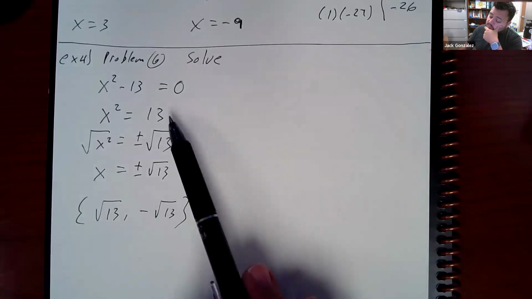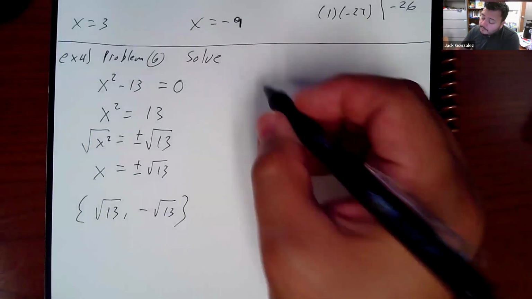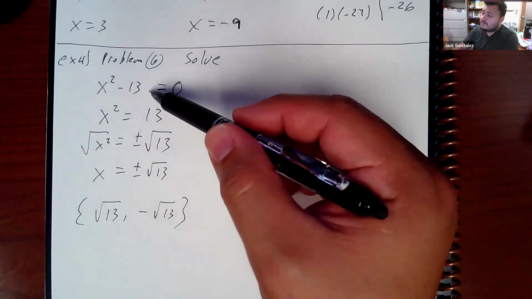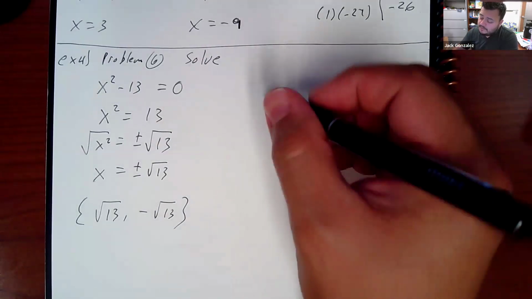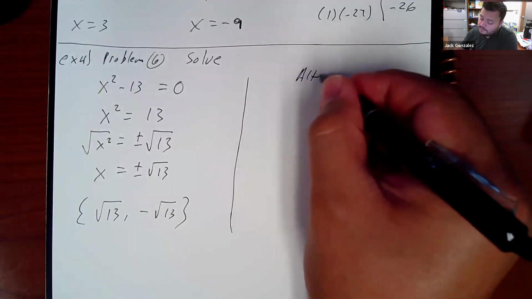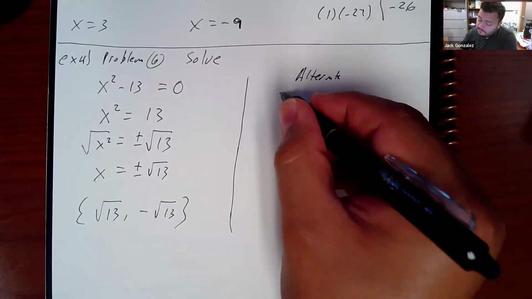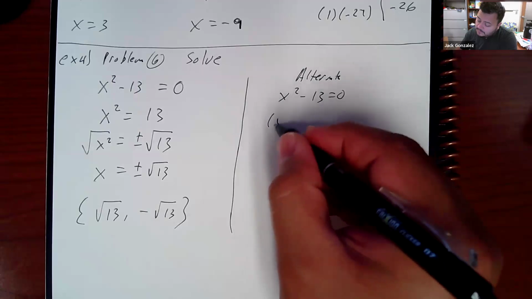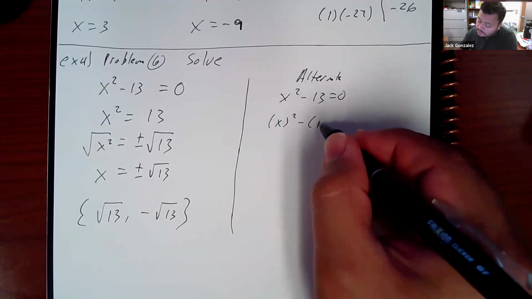So that's if you decided to square root. You could have done difference of squares, but since this is not a square, it's a little weird. Like you could have said alternate method here. So, well, if I write this as a square minus a square, right?